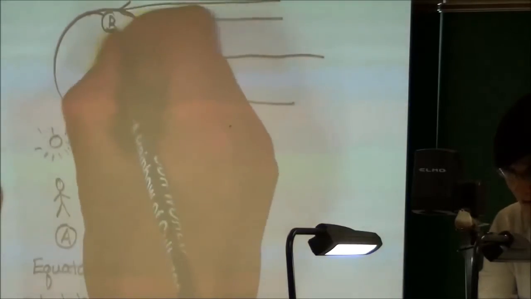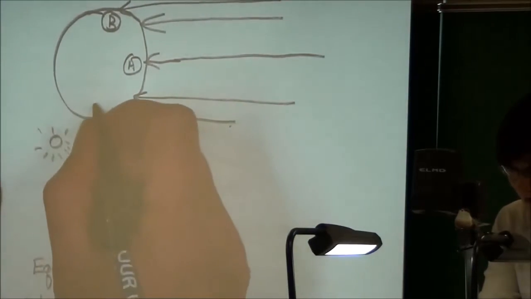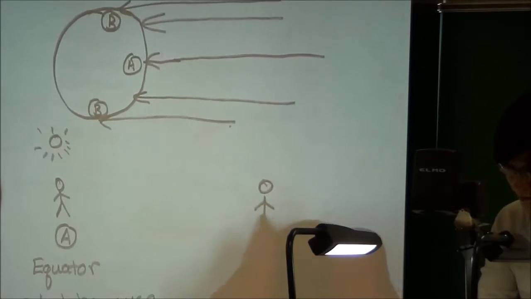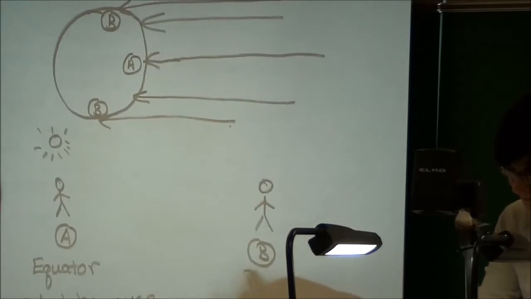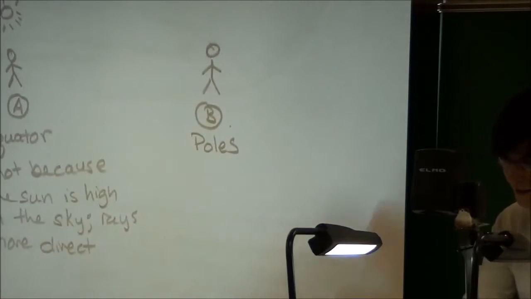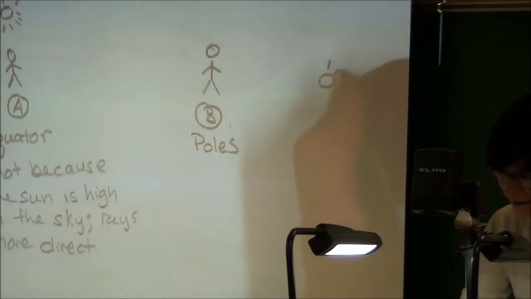However, at the poles, and I'll put B here at the North Pole and B here at the South Pole, a person standing at the poles sees the sun low in the sky, even at noon.